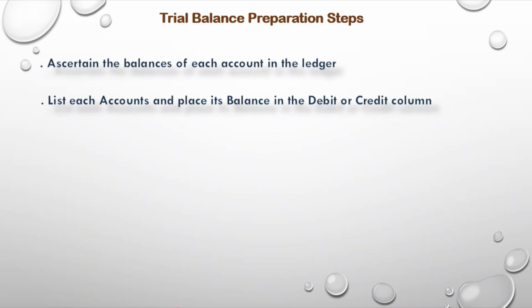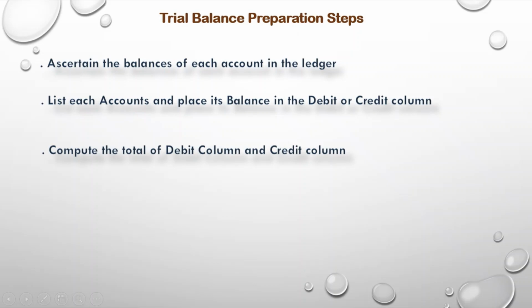Now you have to list each and every account that is given in the journal, and place it in the trial balance debit side and credit side column. While preparing the trial balance, you need to check each and every account with its balance and accuracy, and then put the balances into the trial balance.